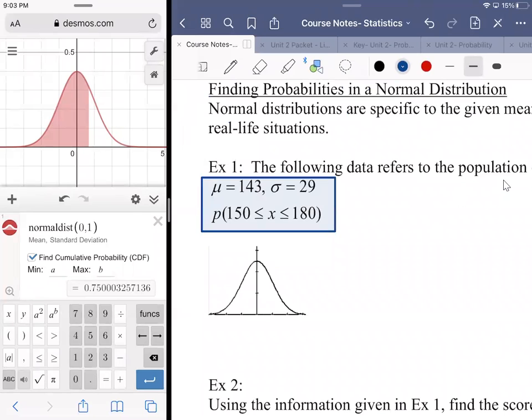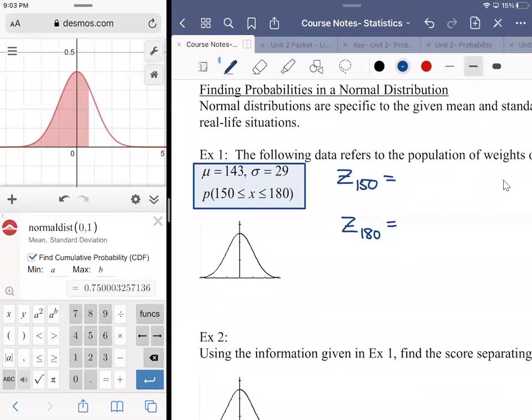So what we can do is find the z-score for 150 and the z-score for 180. So we're reframing the problem. All right. The thing you have to remind yourself is that z is equal to x.